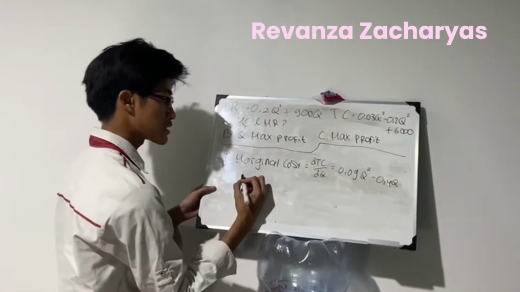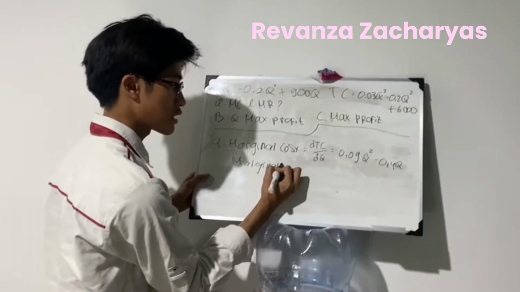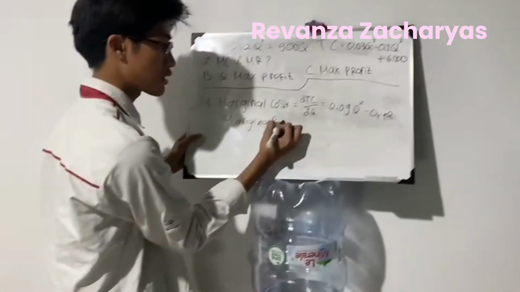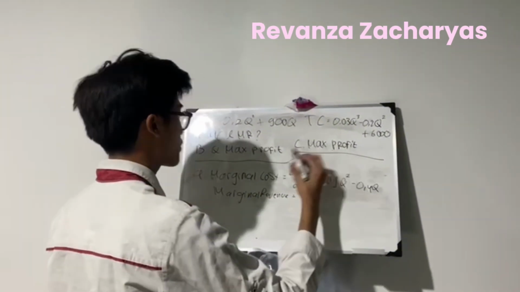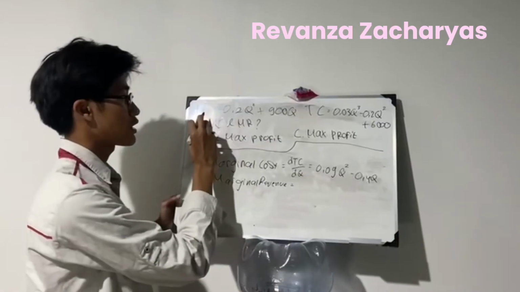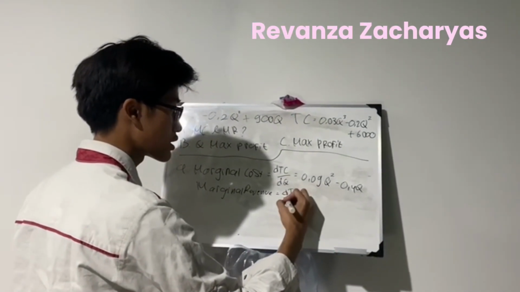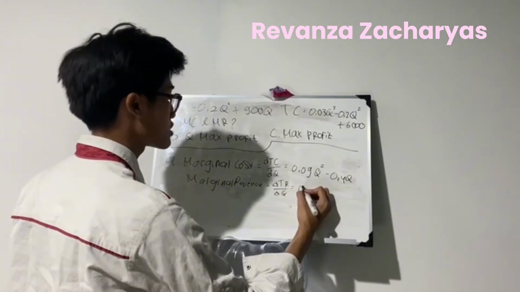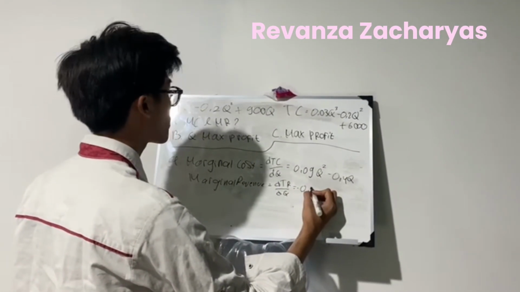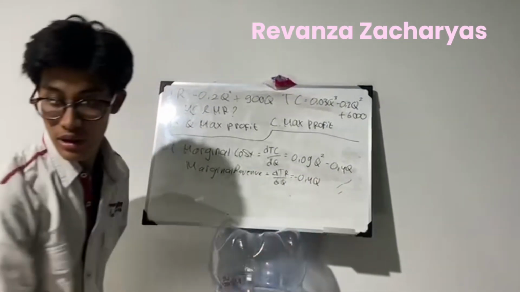And for the marginal revenue, we have TR included to the function. So the answer is minus 0.4 quantity. Okay, already had in here.